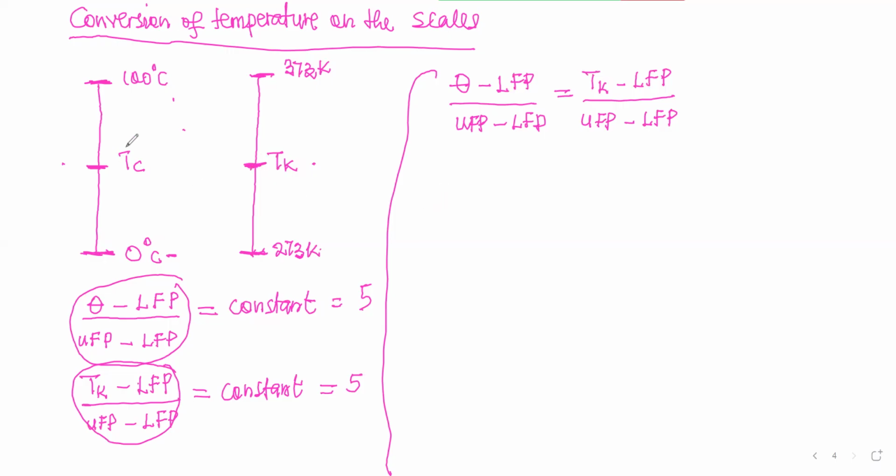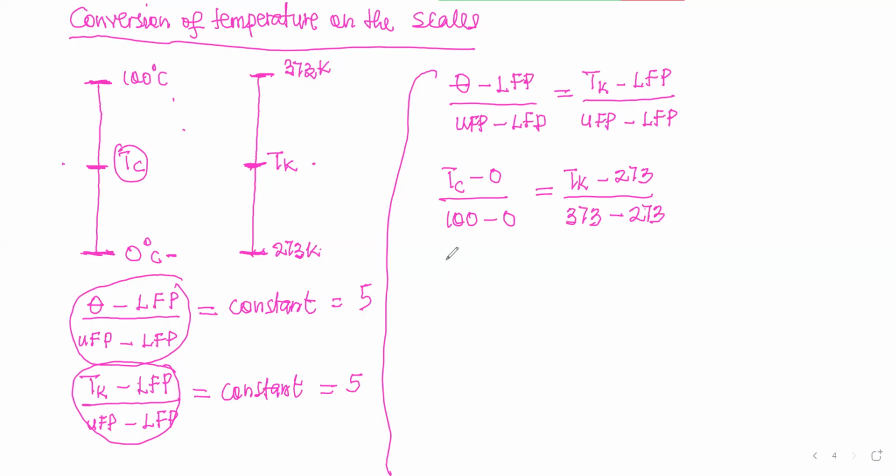So TC minus 0 divided by 100 minus 0 must be equal to TK minus 273 divided by 373 minus 273.